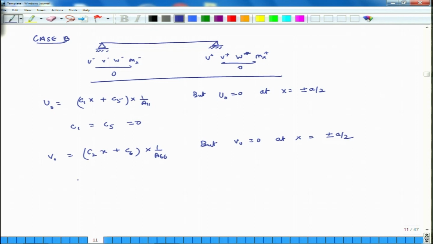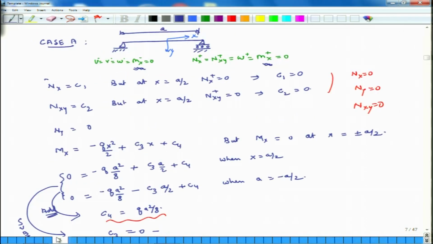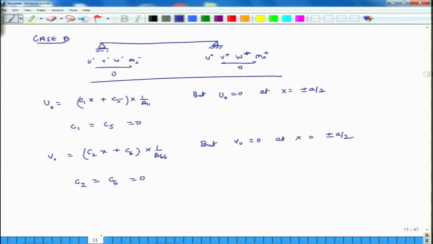So, from this we get C2 is equal to C6 is equal to 0. What have we done so far? We have implemented 4 boundary conditions, all the 4 BCs in u and v. Now, we are still left with the boundary conditions related to w and Mx.